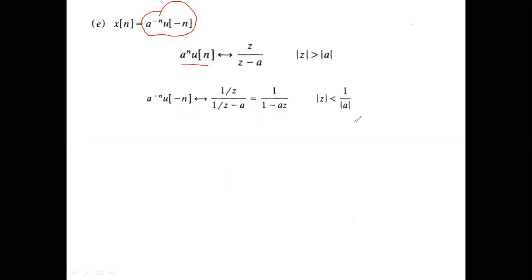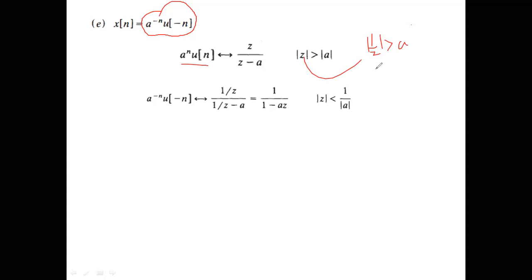So here, for u of minus n, every n has been replaced by minus n, so every z shall be replaced by 1 by z. Then what happens to z? Now this was z, so now 1 by z, and magnitude of 1 by z greater than magnitude a.